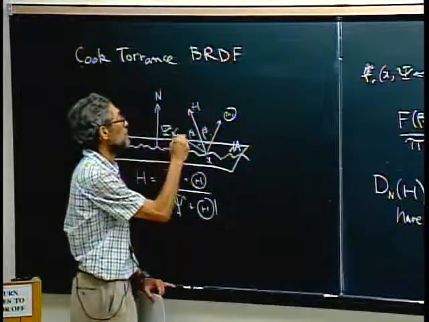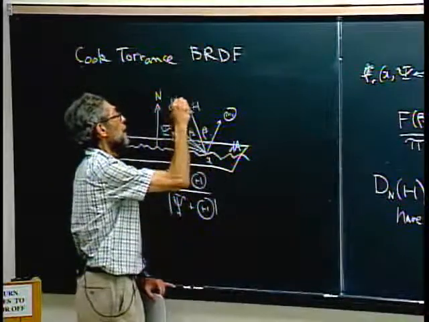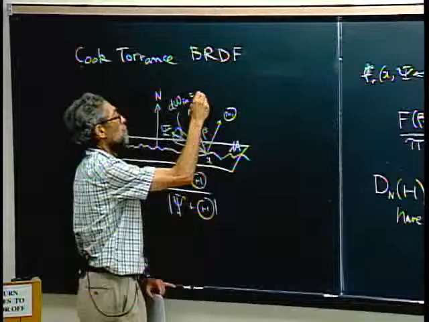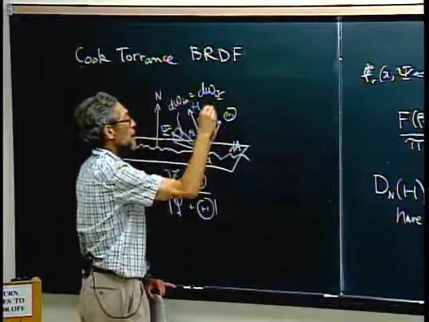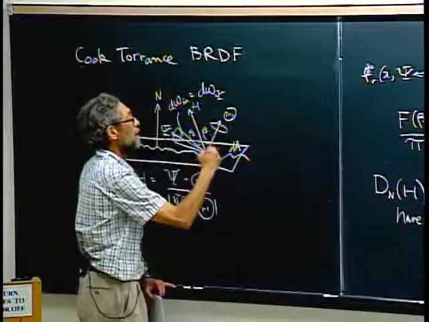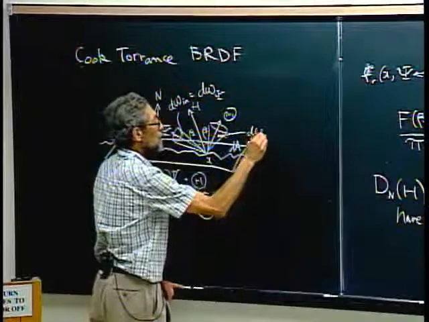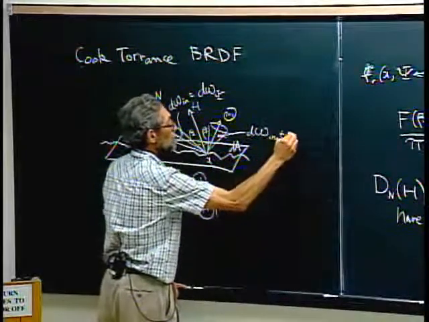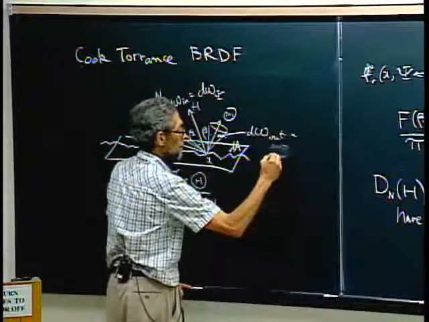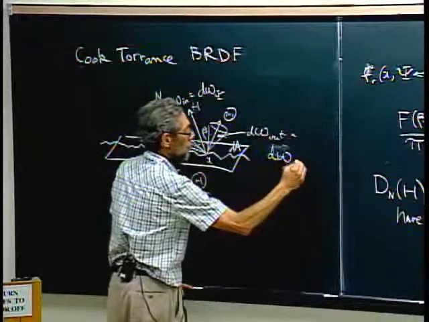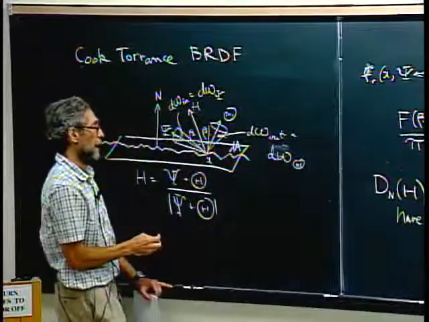The light is actually coming in over a solid angle d omega in, which the book would write d omega for this incoming direction psi, and it's going out in a solid angle d omega out, which is the same as d omega for this outgoing direction. So we really have three little cones of solid angle here.